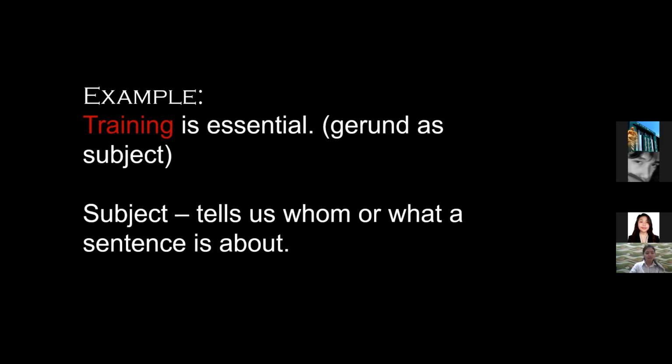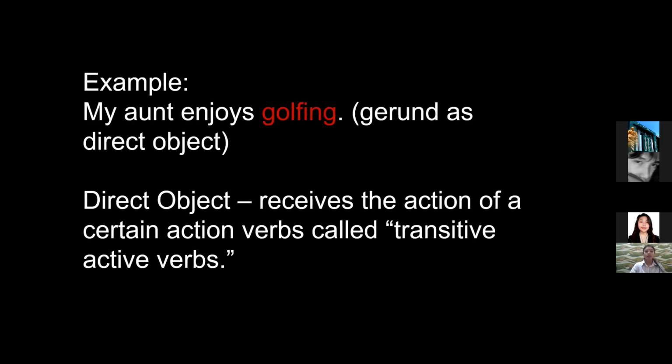Next slide, please. Next, my aunt enjoys golfing. Here, our gerund is golfing, and it functions as direct object. What is a direct object? A direct object receives the action of certain action verbs called transitive active verbs. So here, what we need to remember is who or what receives the verb. What is the verb in our sentence?